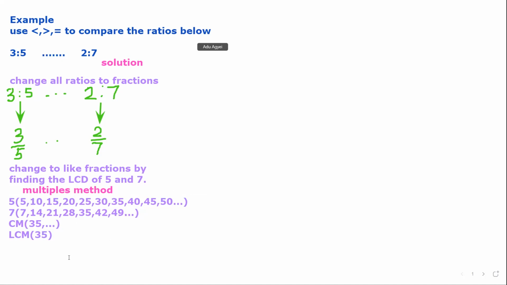You can also use the prime factorization method, okay, to also find the LCM.